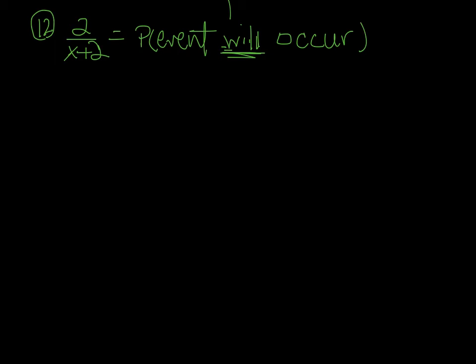So our total here is 1 minus 2 over x plus 2. So this will give us essentially the probability that this event won't occur. Okay?